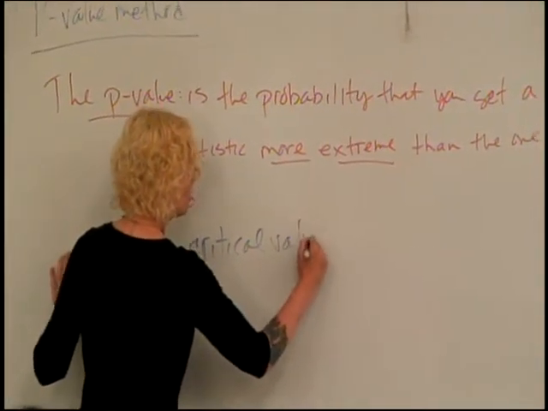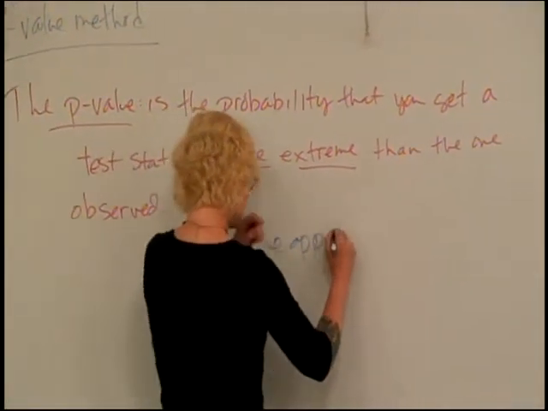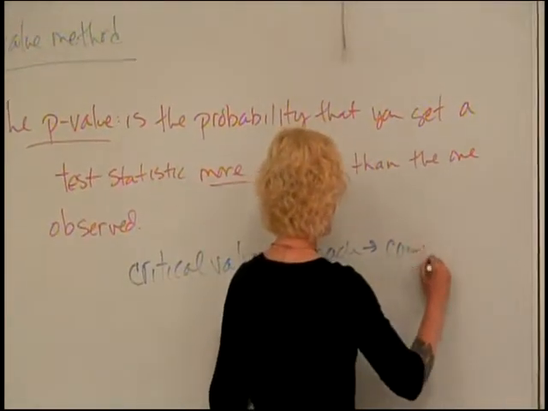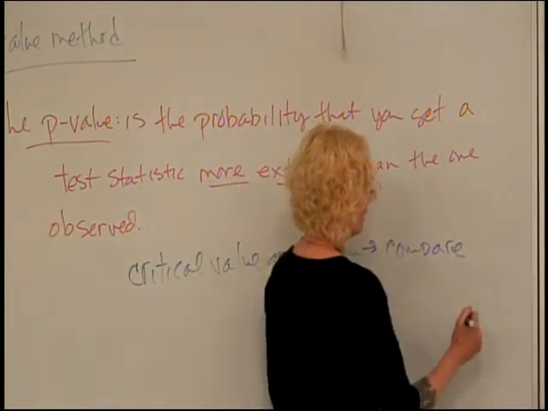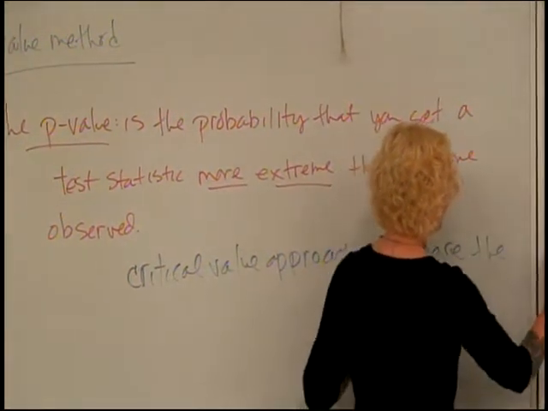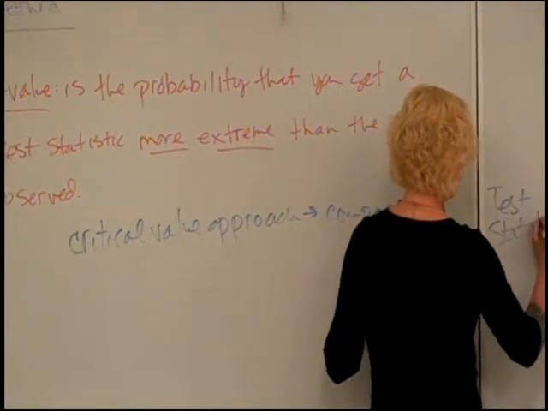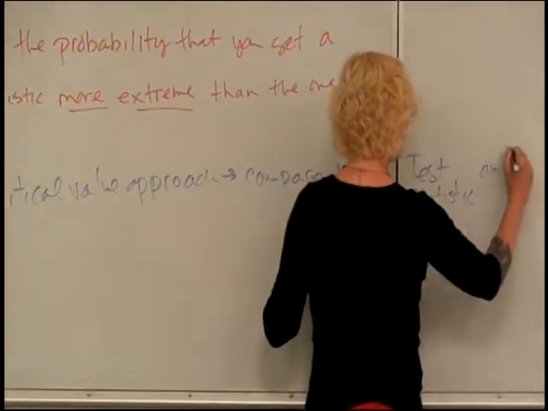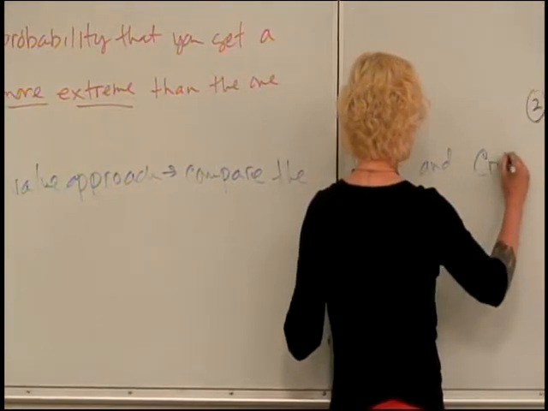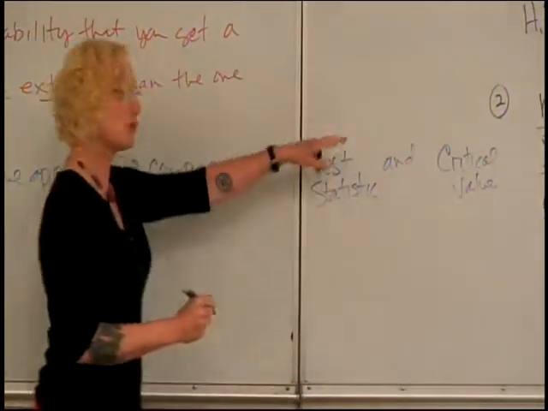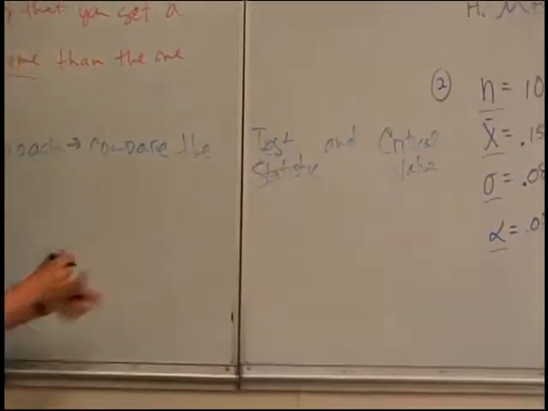So the critical value approach, you compare the test statistic and the critical value. And again, these are both t's or z's.